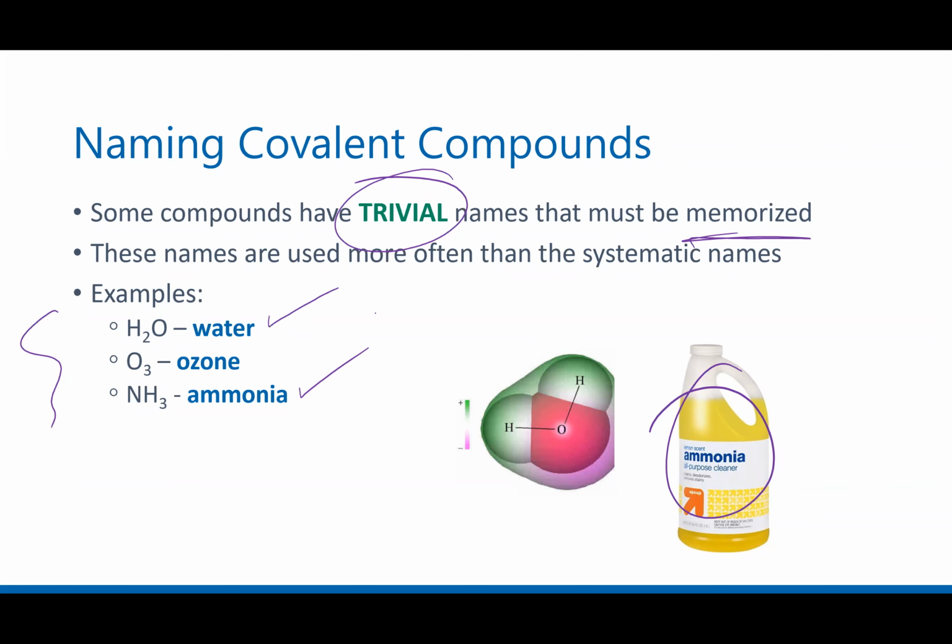Ammonia is NH3. So again, we don't call it nitrogen trihydride. We would just say ammonia. Very common weak base. The other one you might not have heard of. It's a chemical I definitely heard of when I was young. In the 80s and 90s, there was a big talk about the ozone layer.